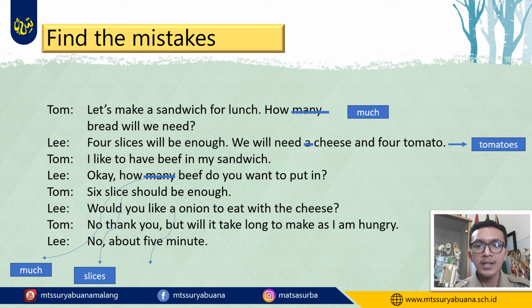It's quite strange, so you have to change this word into an. Would you like an onion? And then the last one, no, about 5 minutes. You can see here 5 minutes. It's also quite strange, so you have to add s in this word. Minutes. No, about 5 minutes.